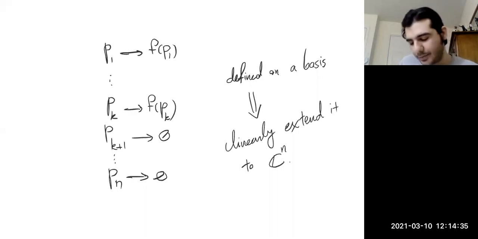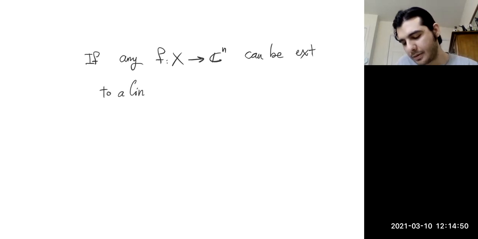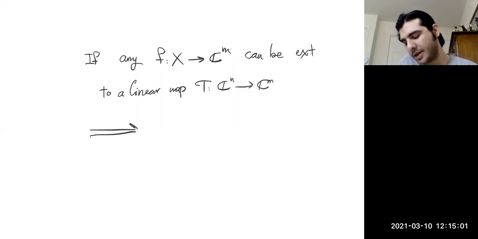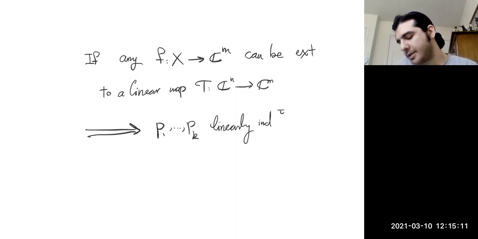Now, conversely, I want to show if any map F from X to Cm can be extended to a linear map T from Cn to Cm, then the elements in X, which means P1 up to Pk, they have to be linearly independent. So it's the other direction.